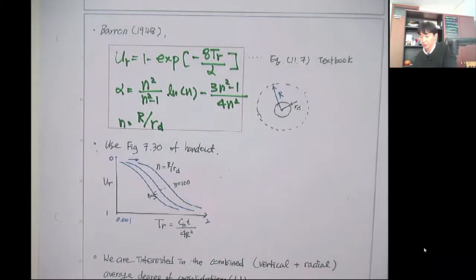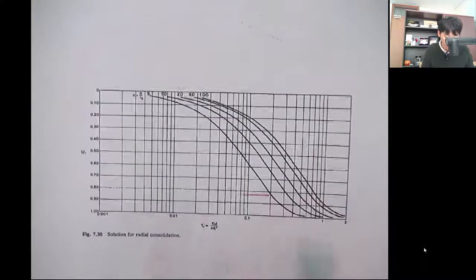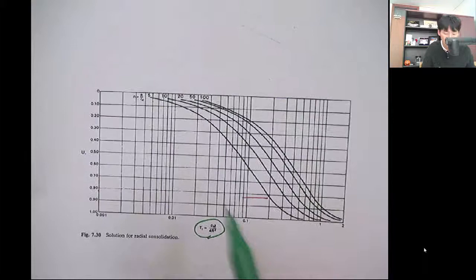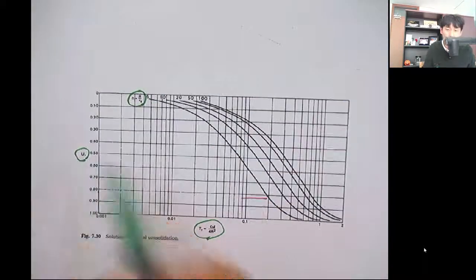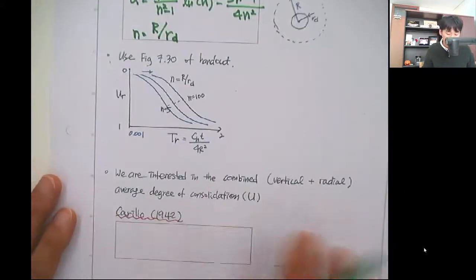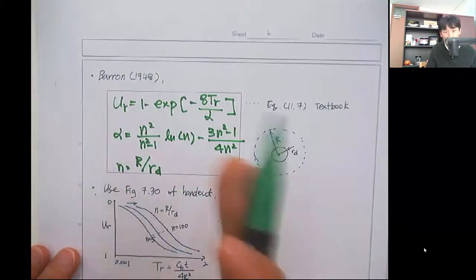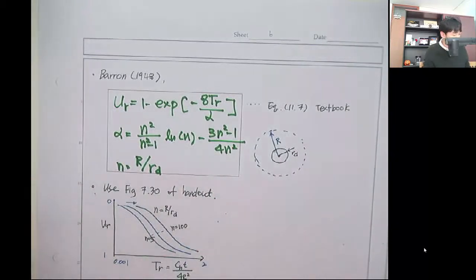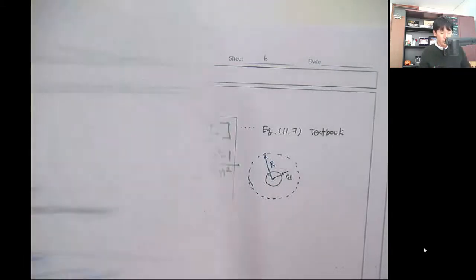So you can use this equation, and also you can use this chart from the handout, for a given TR and for a given n, to estimate UR. So UR is the degree of consolidation by the radial or horizontal drainage, and UV is what we derived in the previous page here.